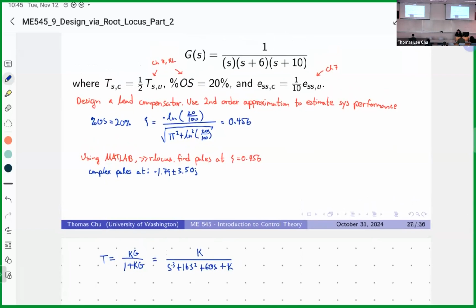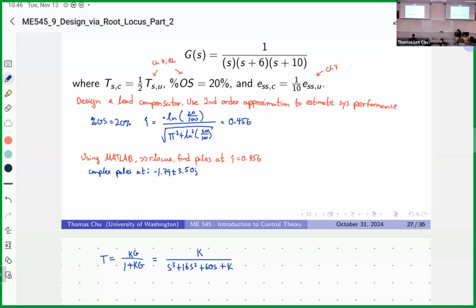For designing compensators on exams, will you give us the complex pole locations? Yes, I will. My answer kind of tells you if I will or will not.